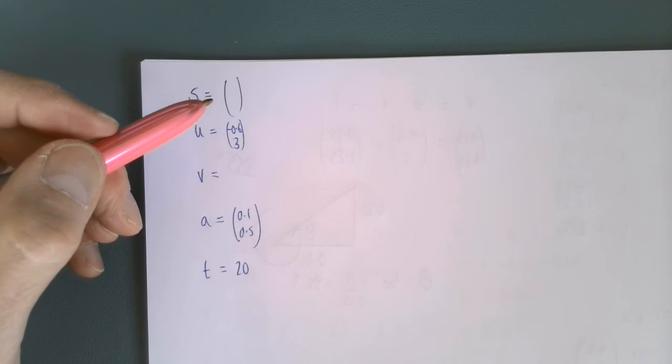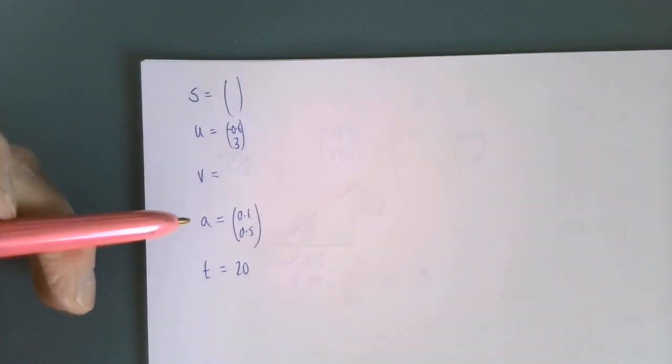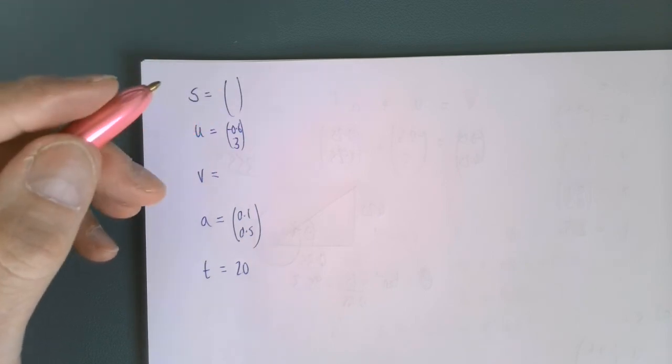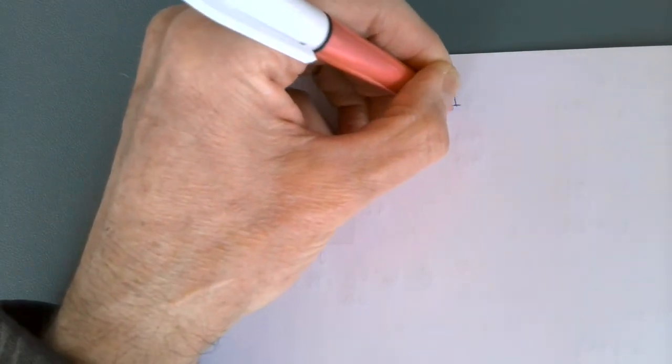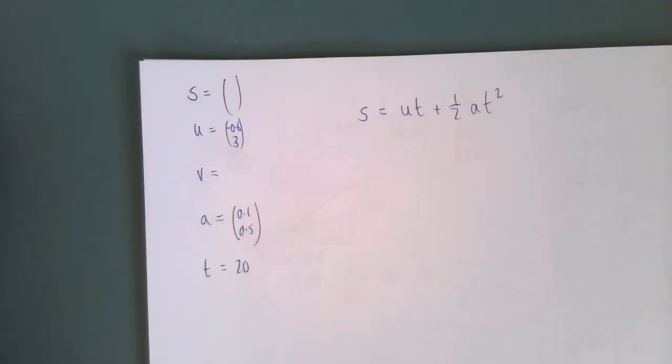Okay, so last part asks for, part C asks for the distance it's travelled, which will have a horizontal and vertical component. So I'm going to do this in vector form. V isn't involved, so I'm going to use s equals ut plus a half at squared. So after 20 seconds, so go on, plug it into that formula, see what you get.